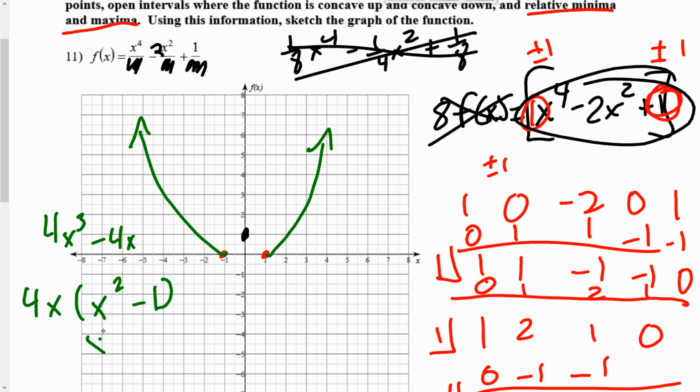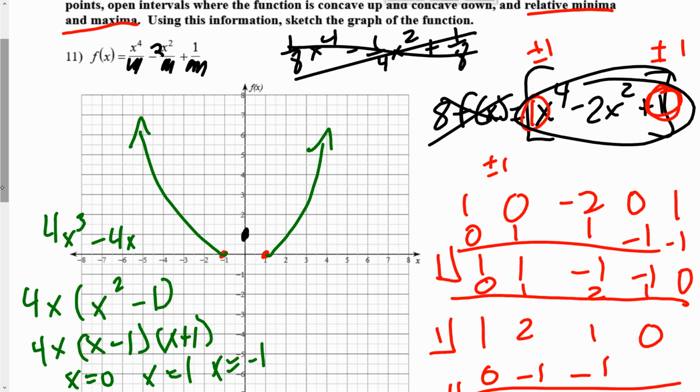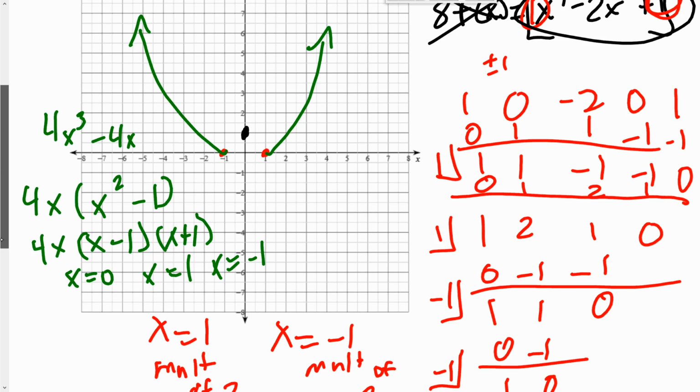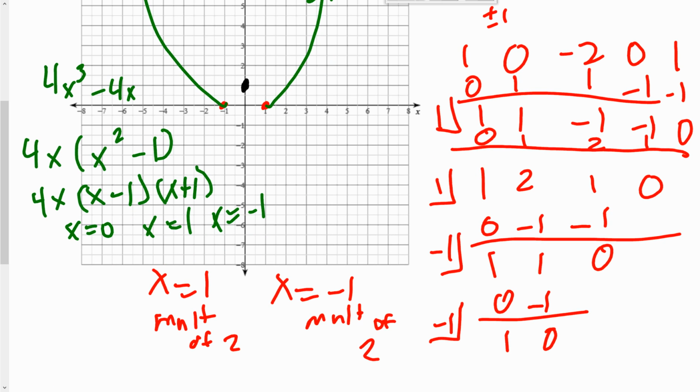And then I can factor that into x minus 1 and x plus 1. And so that means 0, 1, and negative 1. Those are all my extreme values, or critical points. And so I can put those on a number line. So now I'm going to start erasing stuff.